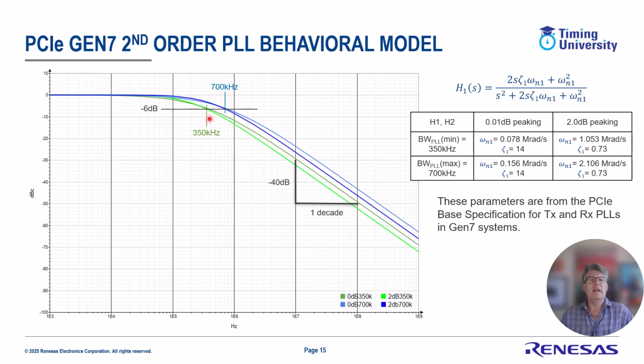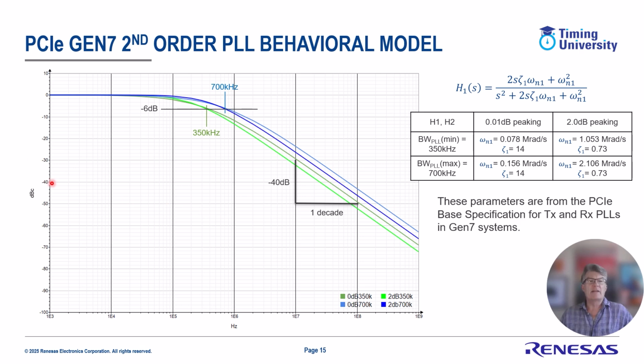And you can see they actually cross the minus 6 dB point at those two frequencies. The other thing we can see here is for each decade of the horizontal axis, which is frequency, we have minus 40 dB of attenuation.